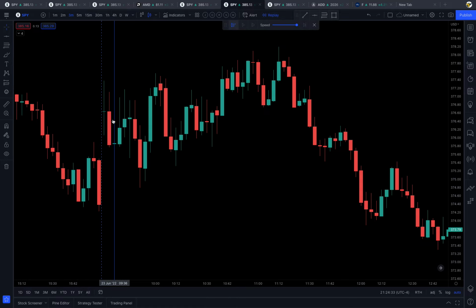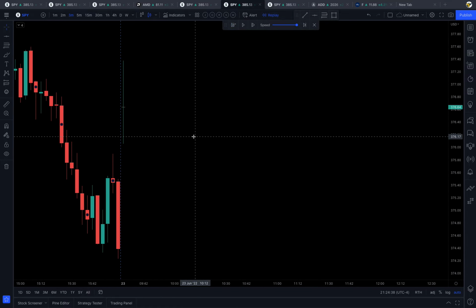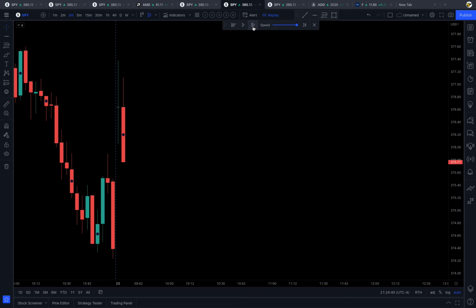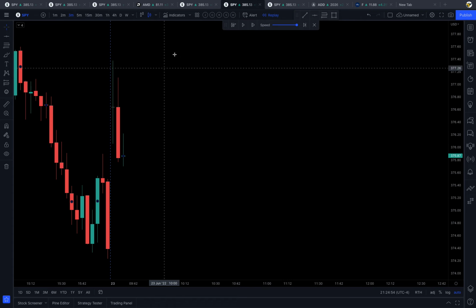We'll see here. Let's see what this does here. So here, yeah, you could have got in on that candle there. How it printed down, I would have jumped in on that candle, and that would have been a stopped out play on that one, because it ended up coming back up.